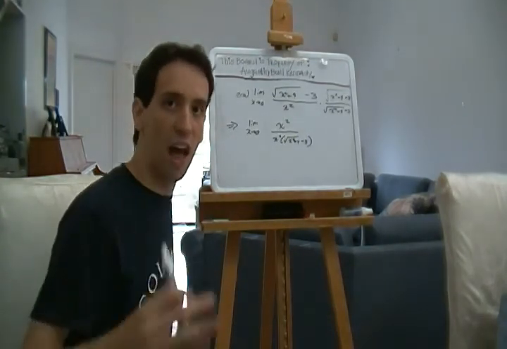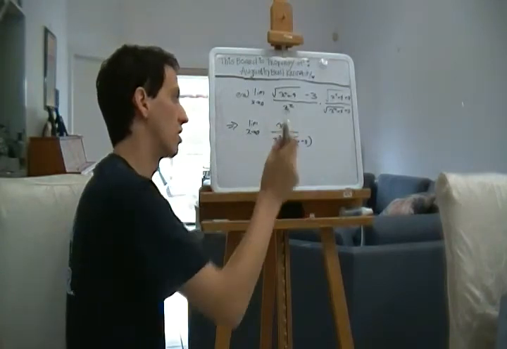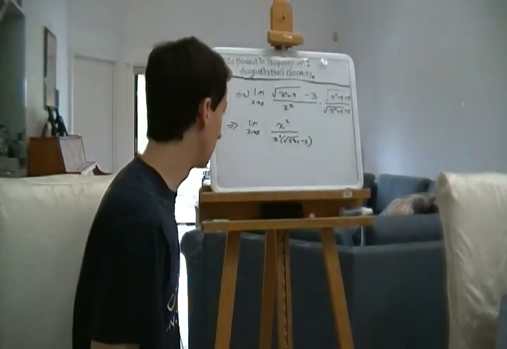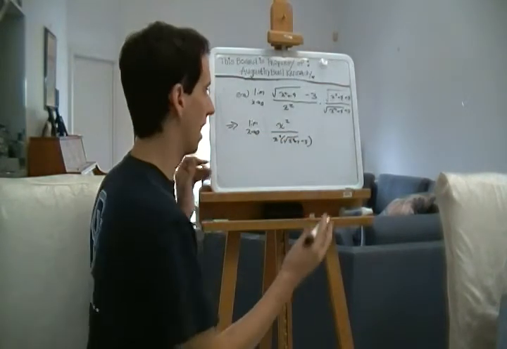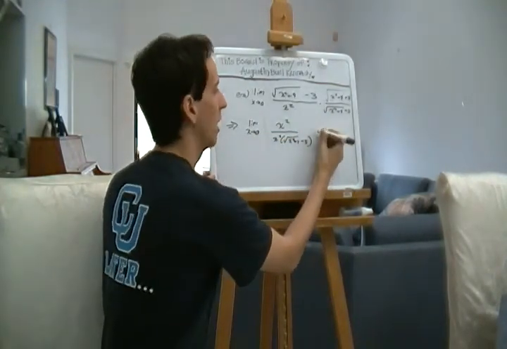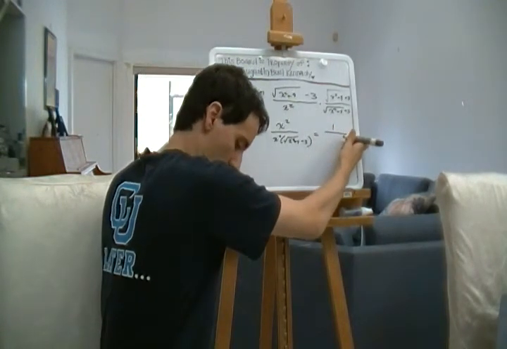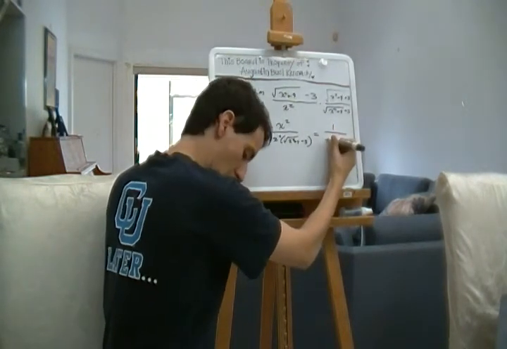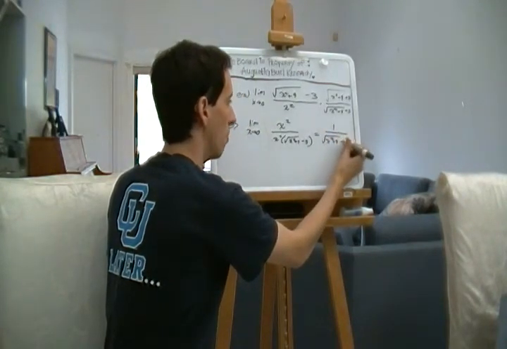Well, we're going to divide by a common factor. Now here we have the common factor x squared. Okay? So let's divide the numerator and the denominator by x squared. And if we do that, here's what we get. We get 1 over the square root of x squared plus 9, plus 3.